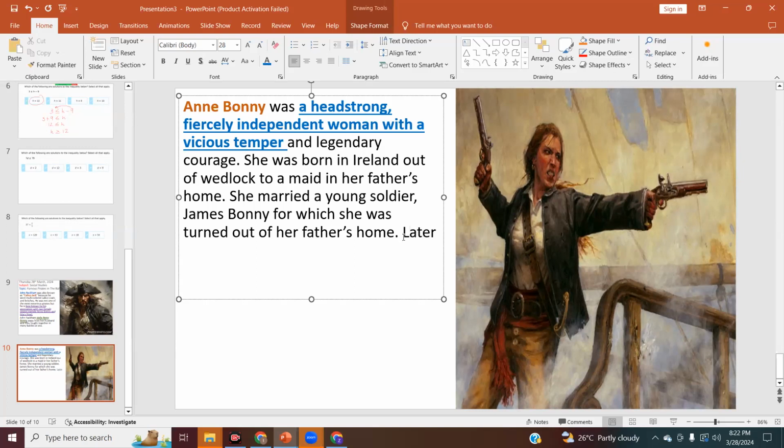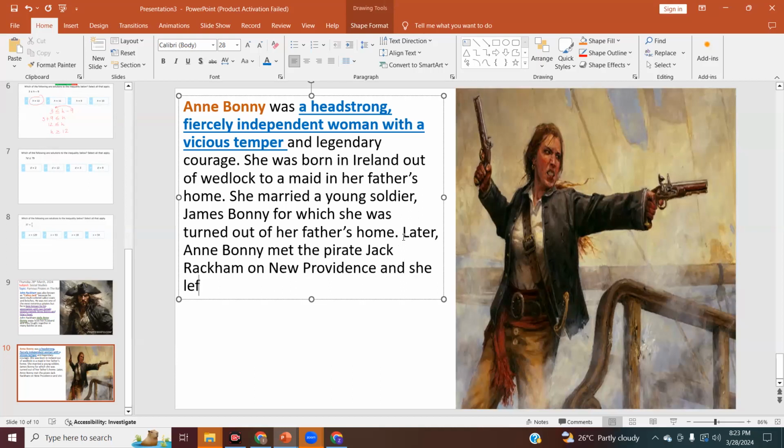Later, actually, she met him afterwards. So later on, Bonnie met the pirate Jack Rackham. Now, what do we know about Jack Rackham? What is his nickname? Calico Jack, on New Providence.